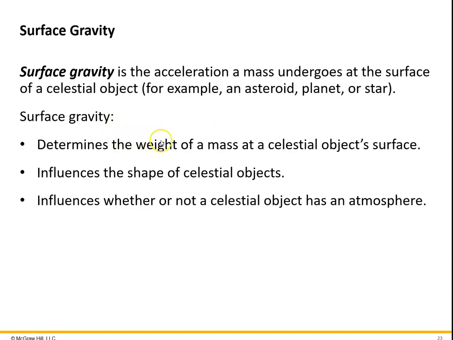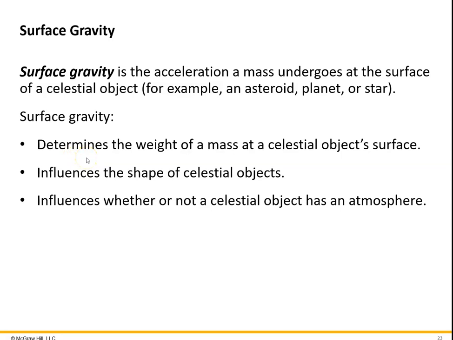There are many asteroids that are definitely not round, and the reason is they're not large enough to self-gravitate into a sphere. Most things are spherical in astronomy, with the exception of things like asteroids.